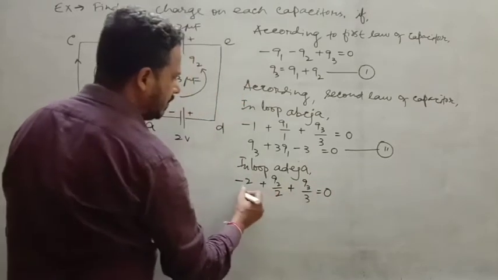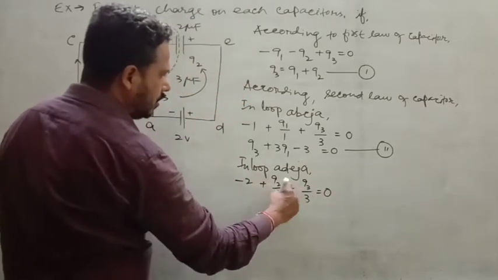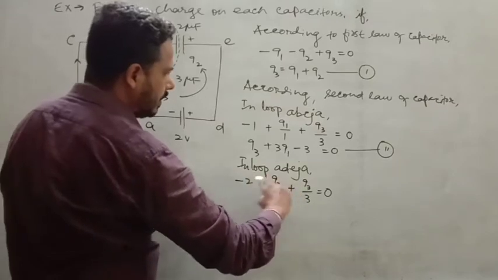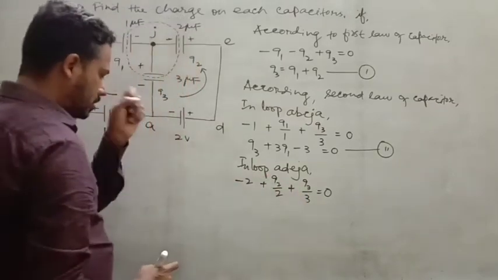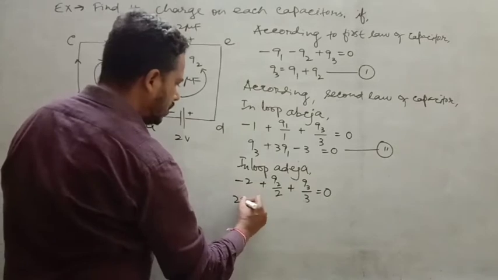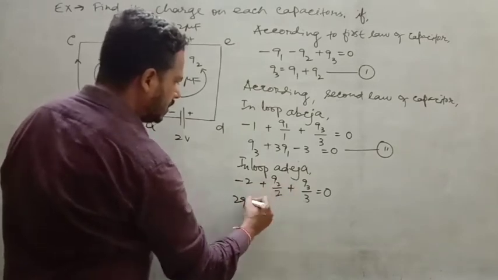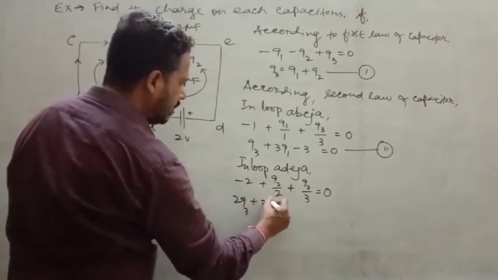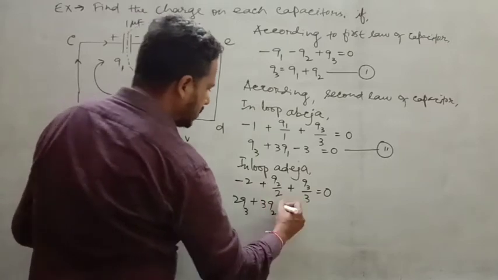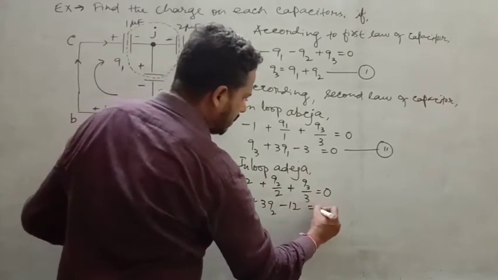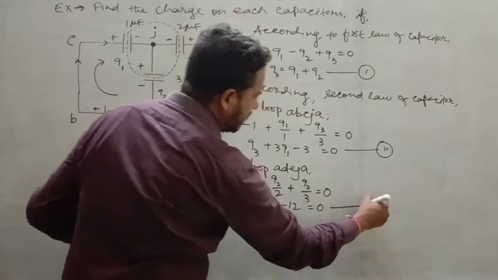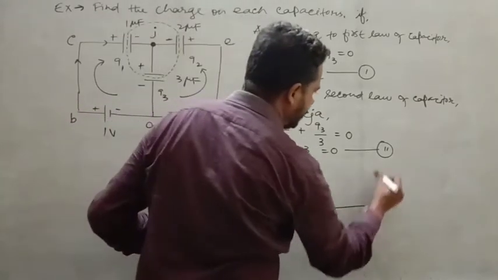Multiplying both sides by 6, you get 2Q3 plus 3Q2 minus 12 equal to 0, and this is your equation 3.